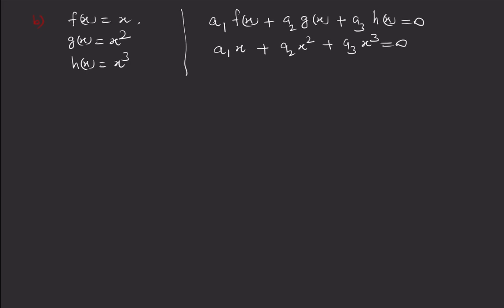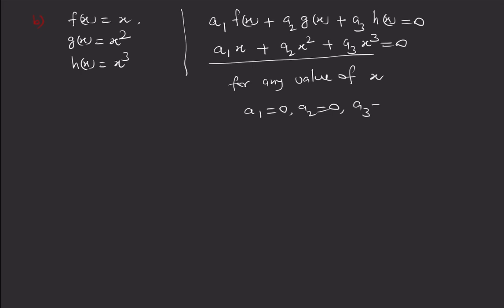Therefore, we see that for any value of x, the equation a1 x plus a2 x square plus a3 x cube equal to 0 gives a1 is equal to 0, a2 is equal to 0 and a3 is equal to 0.